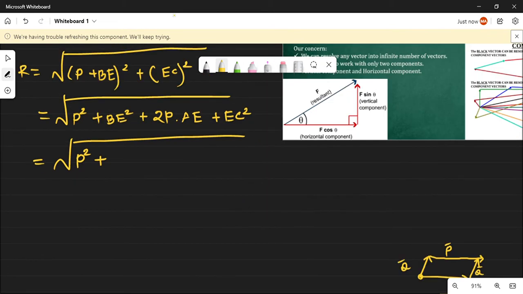Now BE is equal to Q cos alpha, so Q cos alpha whole square plus 2P into Q cos alpha plus Q sin alpha squared.